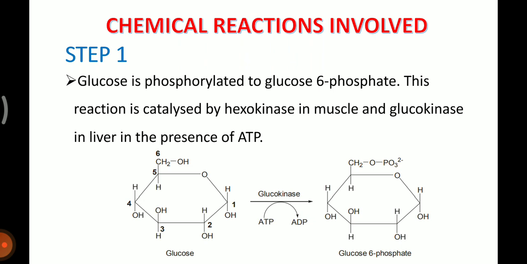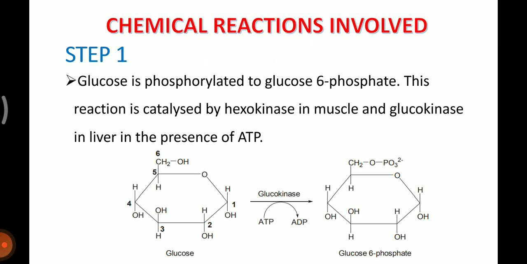So either glucokinase or hexokinase reacts with the glucose molecule, and ATP transfers one of its phosphate groups to the glucose molecule and is converted into ADP. ATP is called adenosine triphosphate, ADP is called adenosine diphosphate.